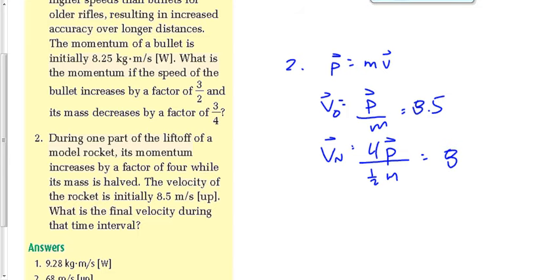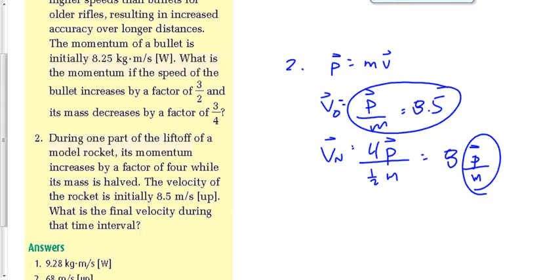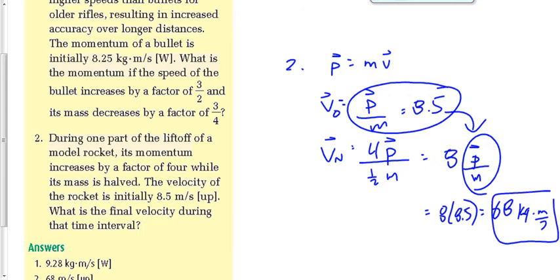Do it on a calculator if you have trouble with that. What's p over m? Look, 8.5. 8 times 8.5 is 68. Good? The answer to the first one is 3.09. Good?